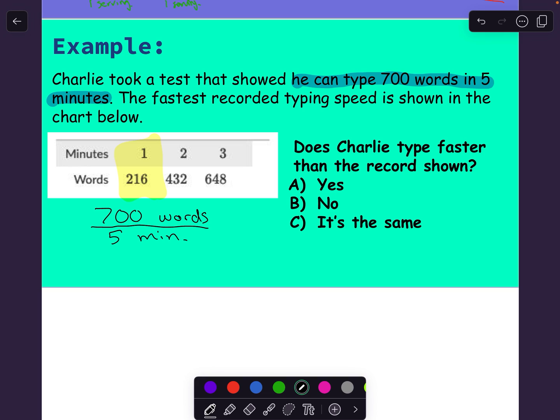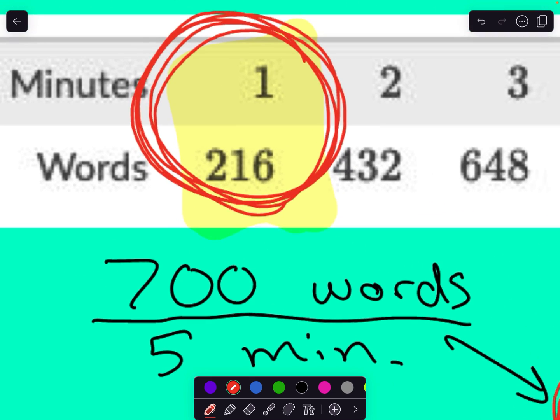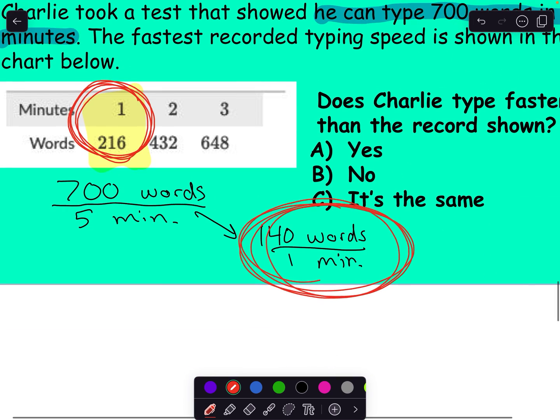So 700 divided by 5, Charlie can type 140 words in 1 minute. Now you need to ask yourself, does he break the record? Here's what Charlie does, 140 in a minute. Here's what the fastest ever person did, 216 in a minute. Is he faster? No, that's still pretty good typing, but it's not the best in the world ever speed. So no, he doesn't break that record.